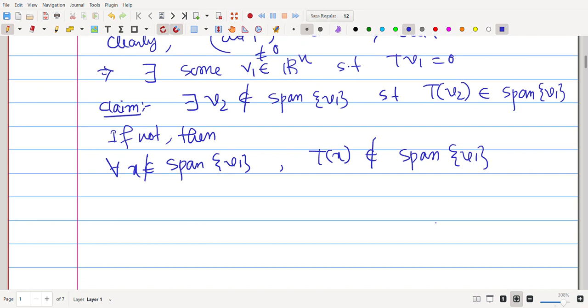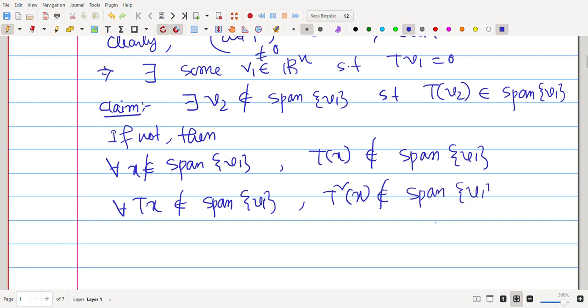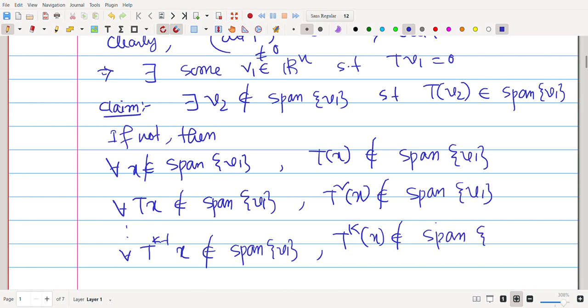That means for all such x, T square x doesn't belong to span of V1. I can just replace x by Tx, and in this way I can replace x by T power k minus 1 x. Then it gives that T power k x doesn't belong to span of V1.